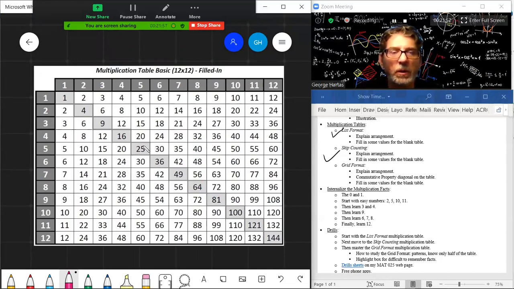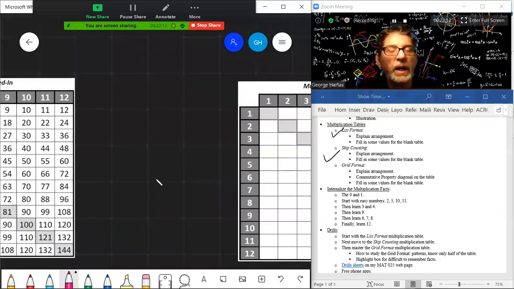Okay, so there it is. There it is right there. So spend time with this table to really get to know some of these facts. So that's a filled in table. And then over here we have a blank table.